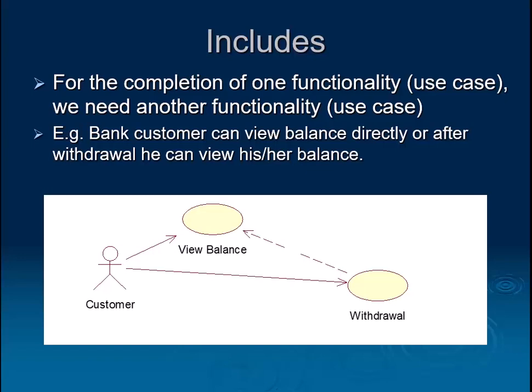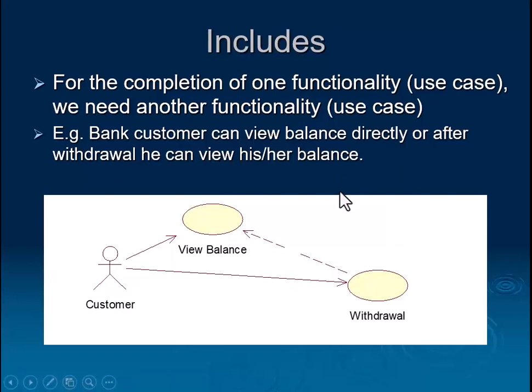For example, a bank customer can view balance directly, or after withdrawal he can view his balance. These are use cases for the ATM machine. If the customer comes to the ATM booth, there are two options.